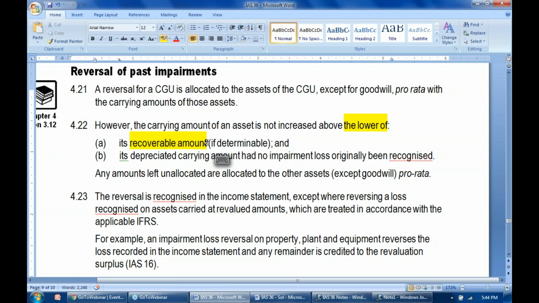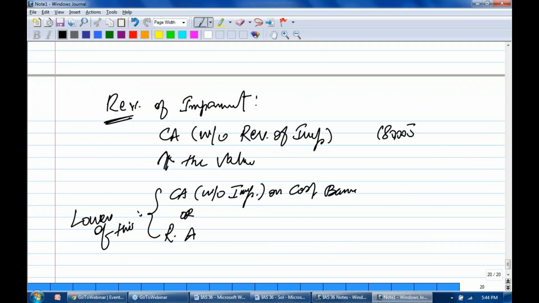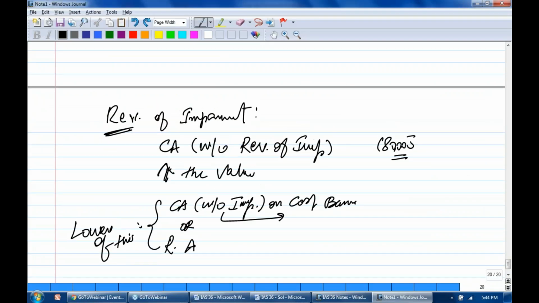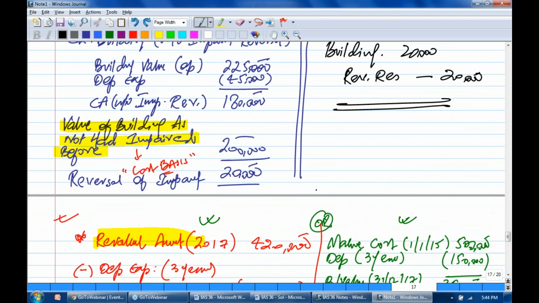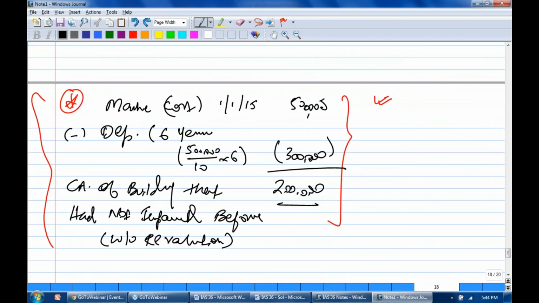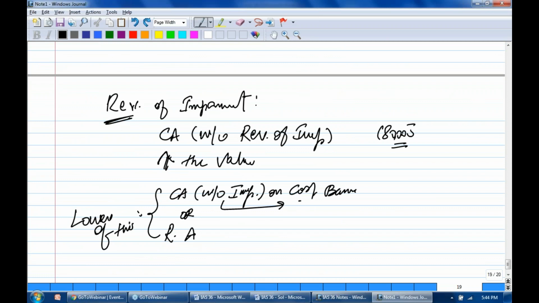Lower of the recoverable amount and the depreciated carrying amount had no impairment loss originally been recognized. So we calculate this amount on the cost basis as 200,000, and on the recoverable amount it is 450,000.